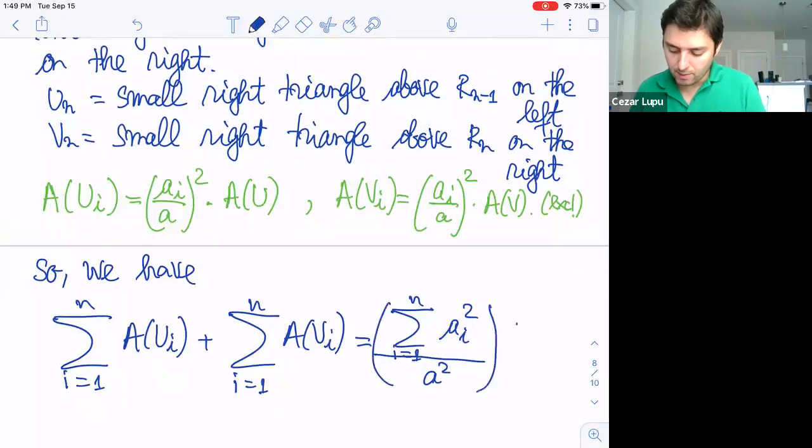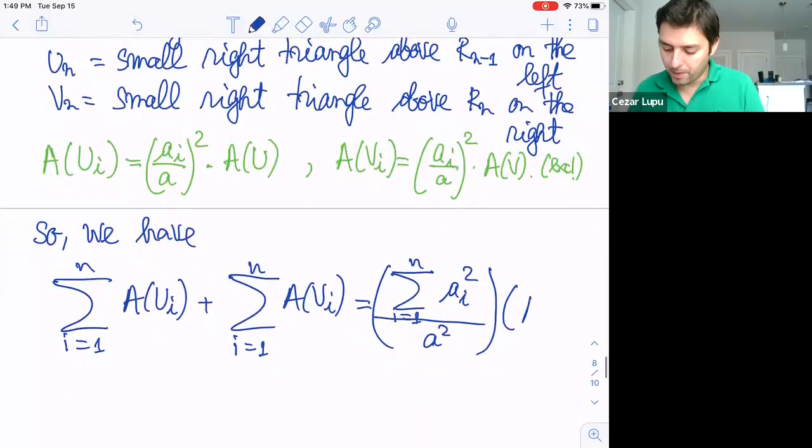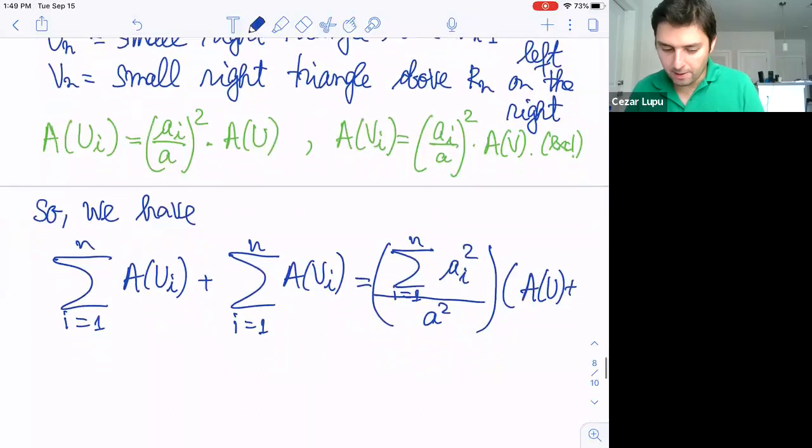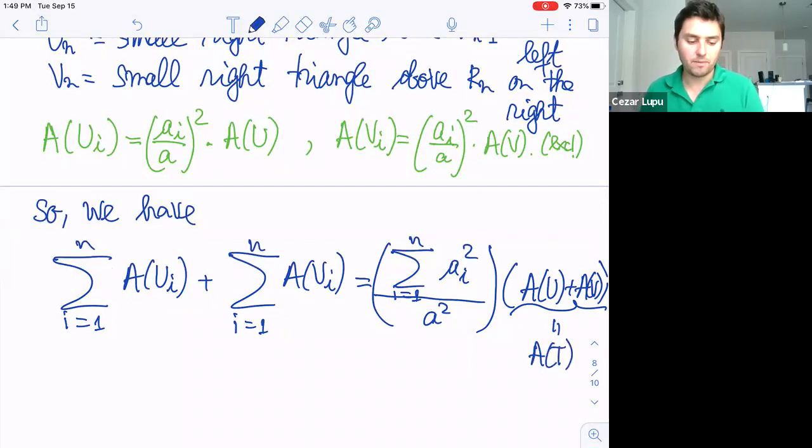Everything times A of U plus A of V. But the sum of these two areas is nothing else than the area of the big triangle. So it's A of T, right? Is this clear for everybody what I'm saying here?